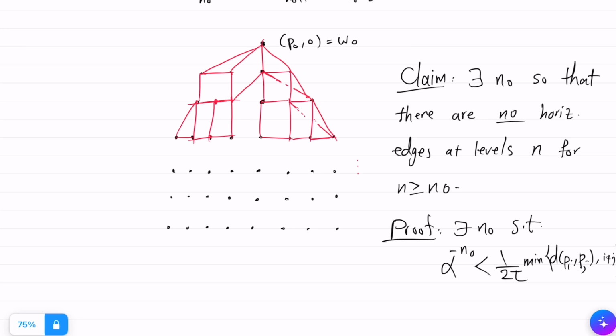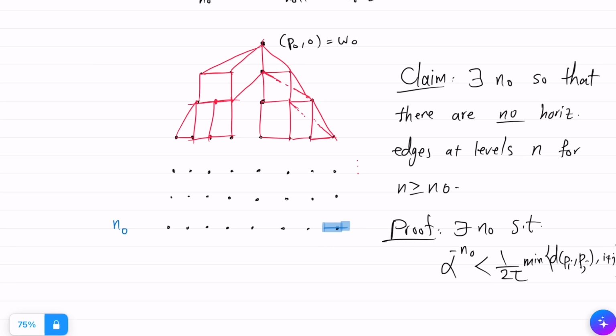So how did we define horizontal edges? We would say that the radius, so here is level n0. To be a horizontal edge, you will take a ball of radius tau times alpha to the negative n0.